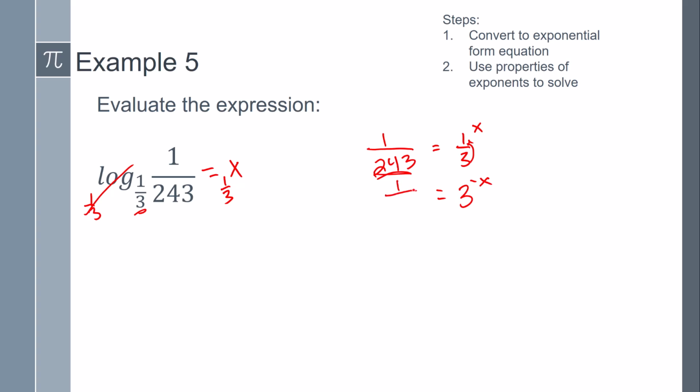Well, 3 times 3 is 9, times 3 is 27, times 3 is 81, times 3 is 243, so that's 3 to the 5th. I can move that to the top. Now that the bases are the same, you can set the exponents equal to each other. And so then I get x equals 5.